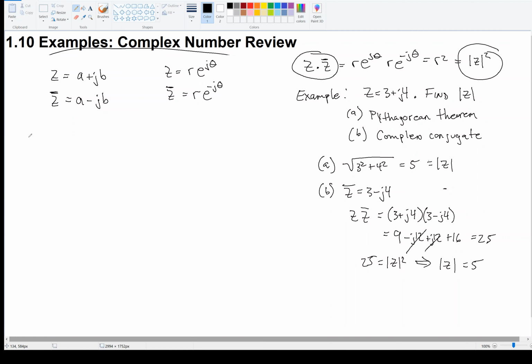And finally, we can use Euler to convert exponential to rectangular.